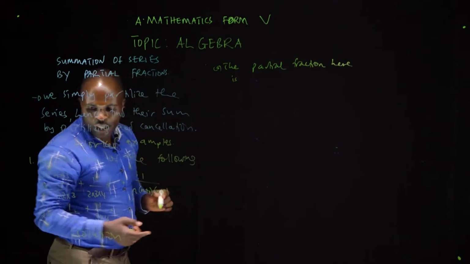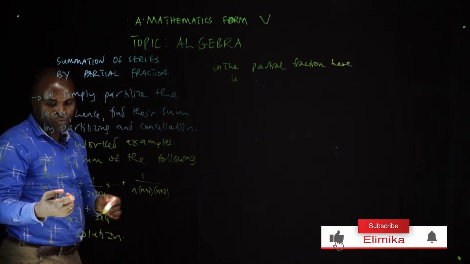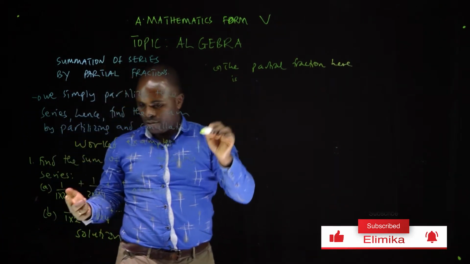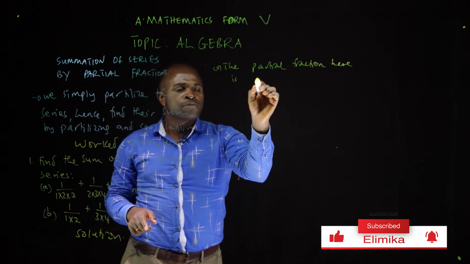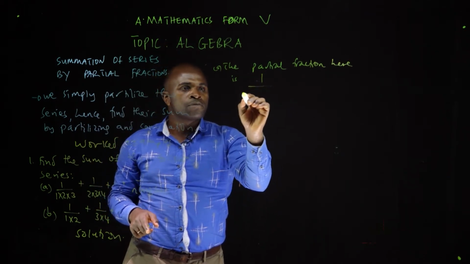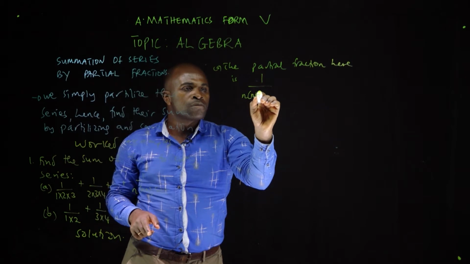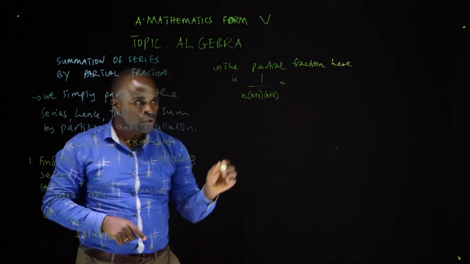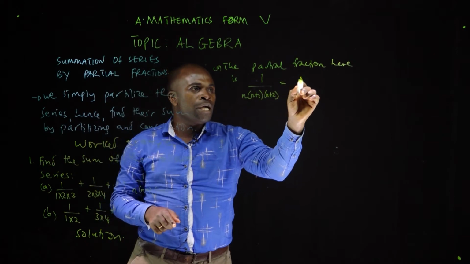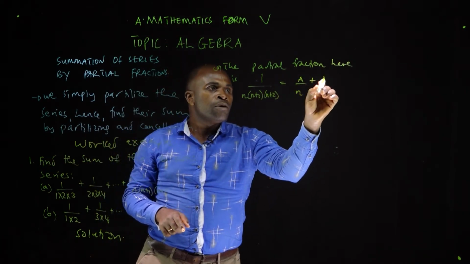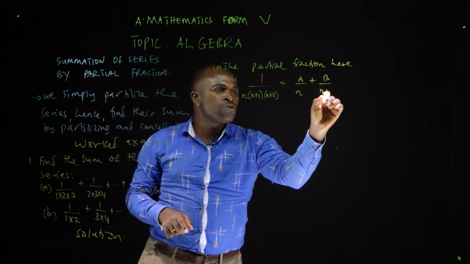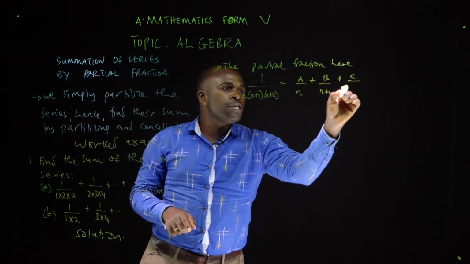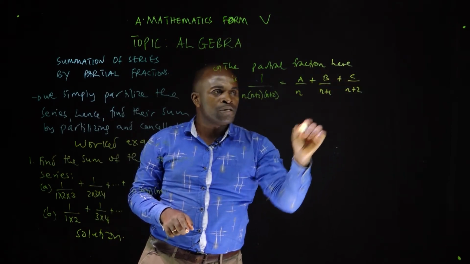The partial fraction here in this series is equal to a over n, b over n plus 1, c over n plus 2.